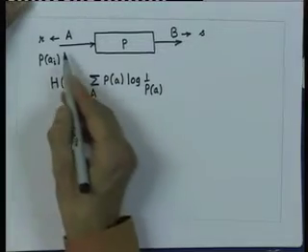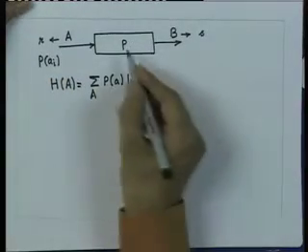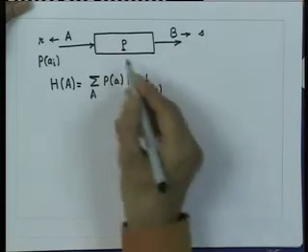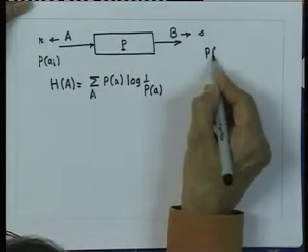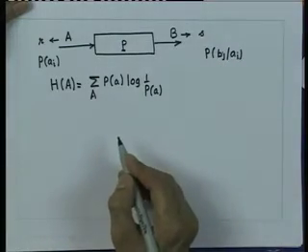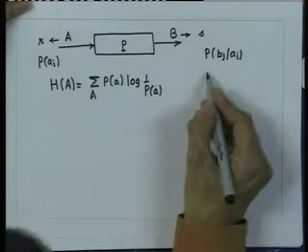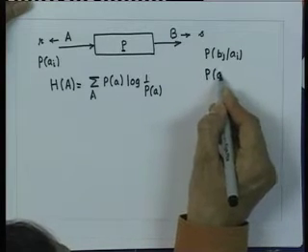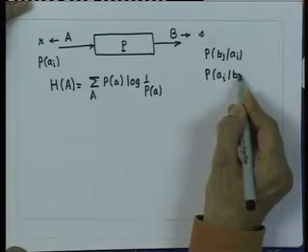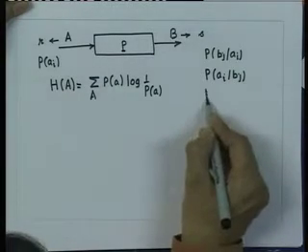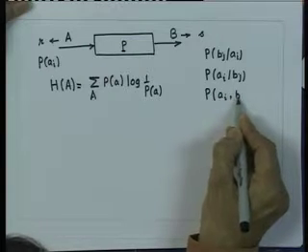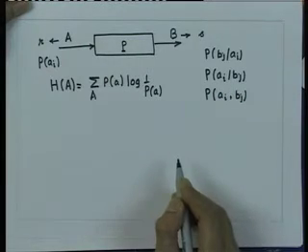If we have the input probabilities and the forward probability is given by the channel matrix P in the form of probability B_j given A_i, we have seen yesterday that we can calculate the backward probabilities, that is probability A_i given B_j, and we can also calculate the joint probabilities P(A_i, B_j).